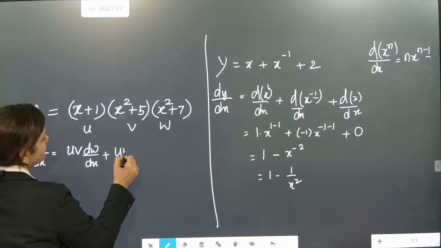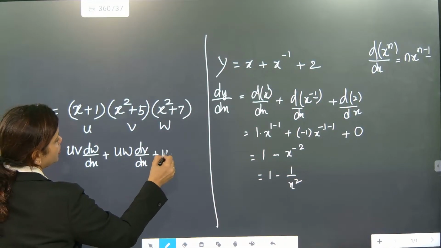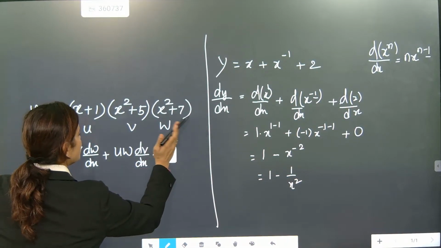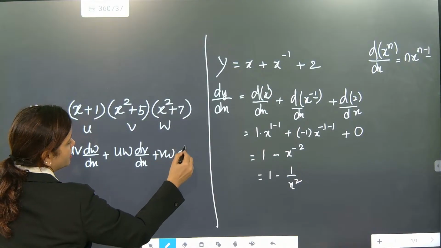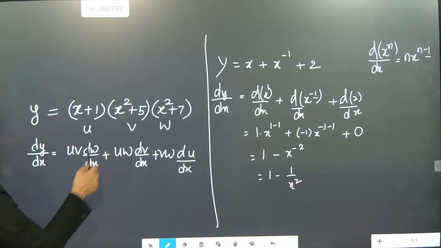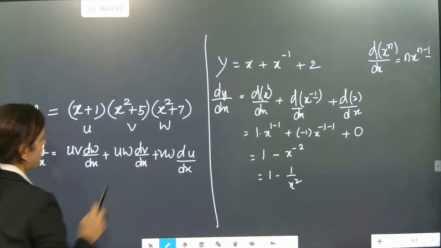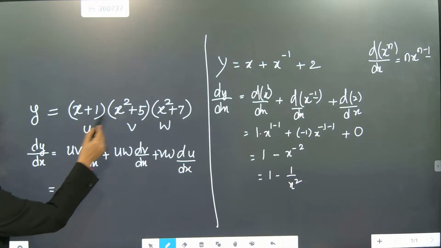Now u and w will be left, v will be differentiated. Then v and w will be there, u will be differentiated. You see, two leaving, one differentiating. Two leaving, one differentiating, two leaving, one differentiating. Okay?